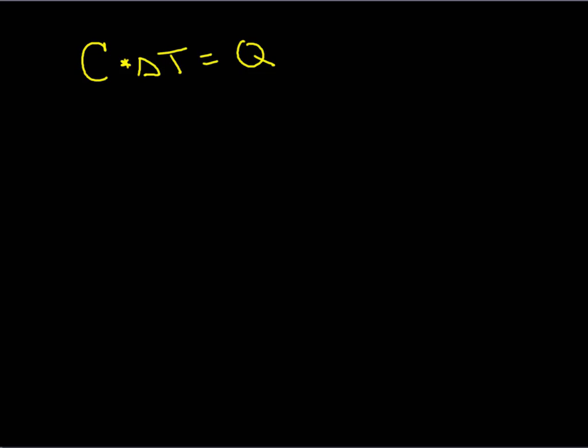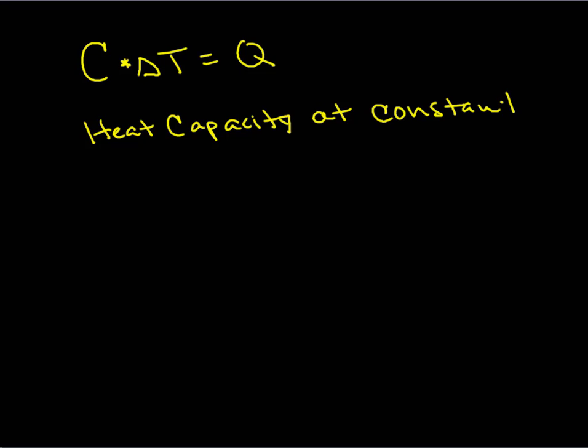But let's imagine now that we want to look at the heat capacity, the ability to store energy, at constant volume. And this is even before we fully discussed the first law.